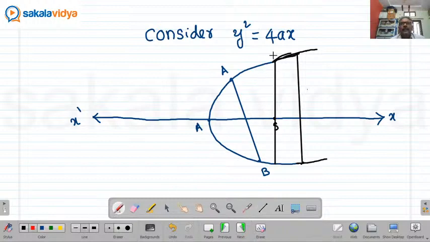So for example, say this point is P, this point is Q, this is S. Say this is A, this will be B point.